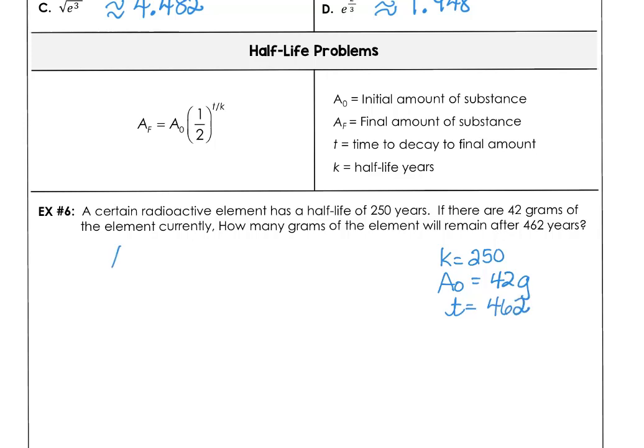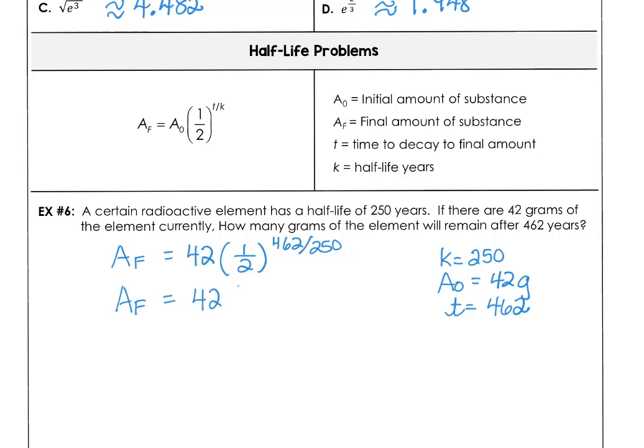And we are going to use A sub final is A sub naught, which is 42, times 1/2 to the 462 divided by 250. And we're looking for that final amount.